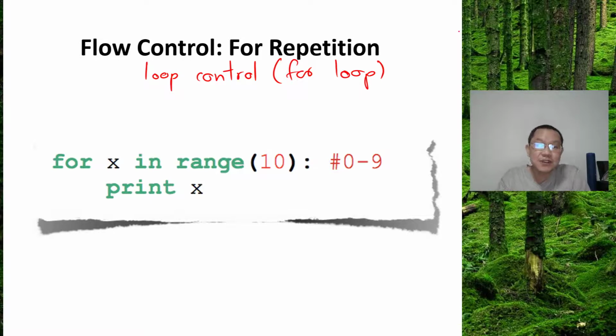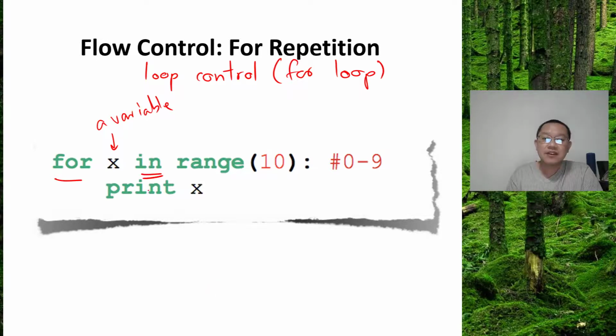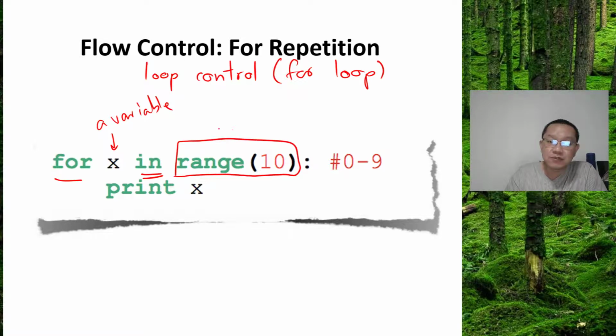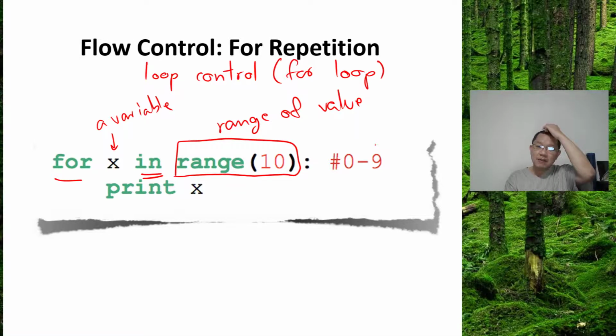The syntax of using for loop will begin with for, and then a variable to be checked, and in a range of values. Finish the for line by colon.